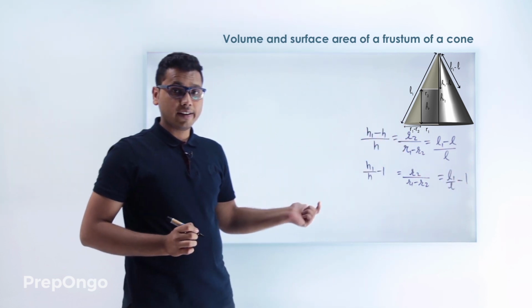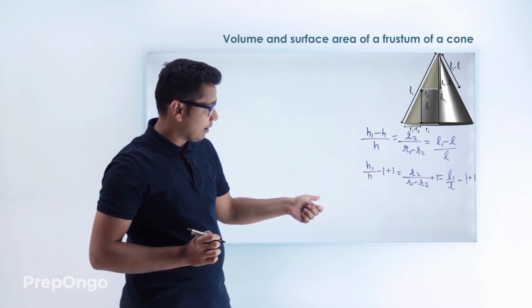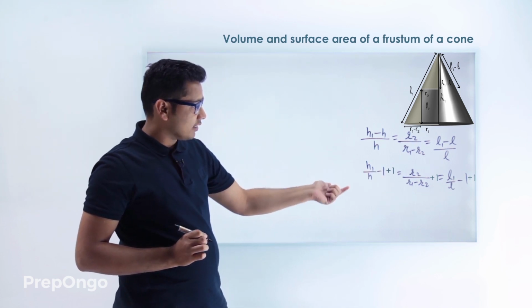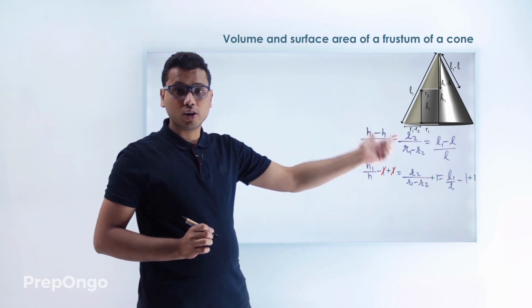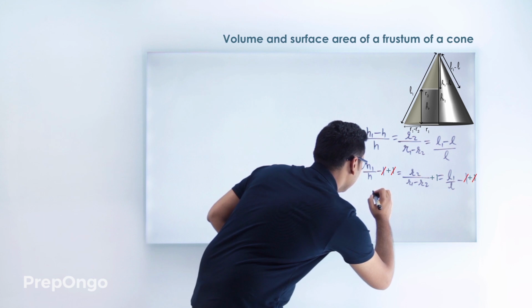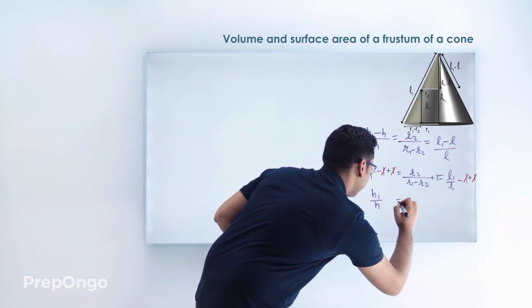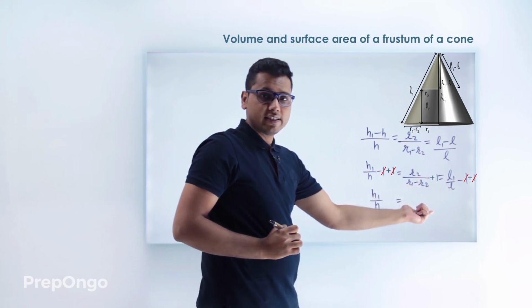Now if we add 1 to all these three equations, what will happen? This one will get cancelled and that one will also get cancelled. What will remain? This will be h1 by h is equal to, let's take the LCM here.